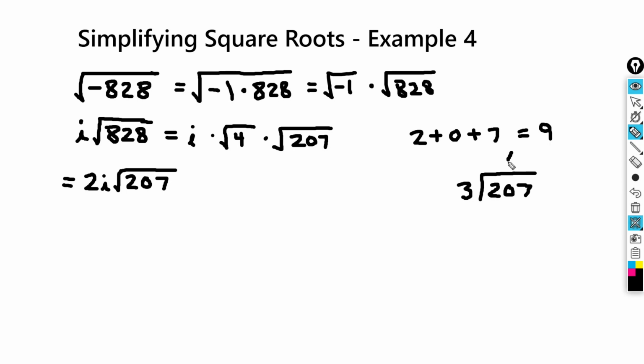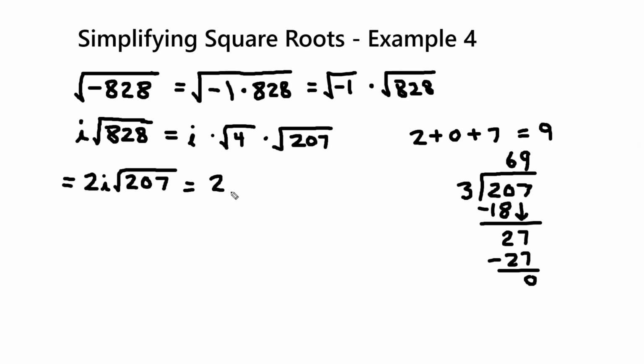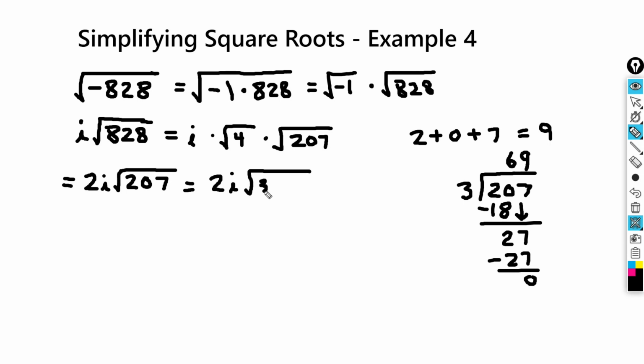So 3 goes into 20 6 times. 6 times 3 is 18. 20 minus 18 is 2. Bring down the 7. 3 goes into 27 9 times, and we have no remainder there. Okay, so we can rewrite this as 2i times the square root of 3 times 69. All right, so let's make some room because we can break down 69 here.